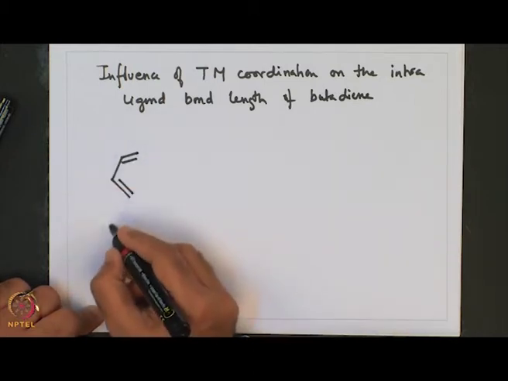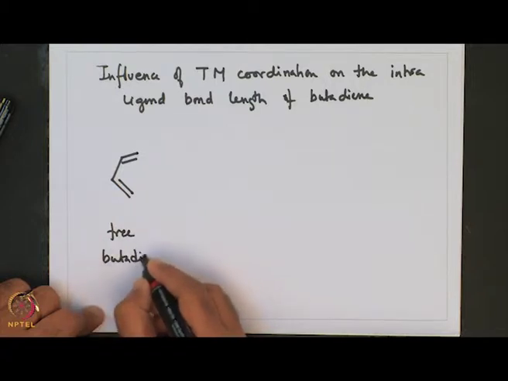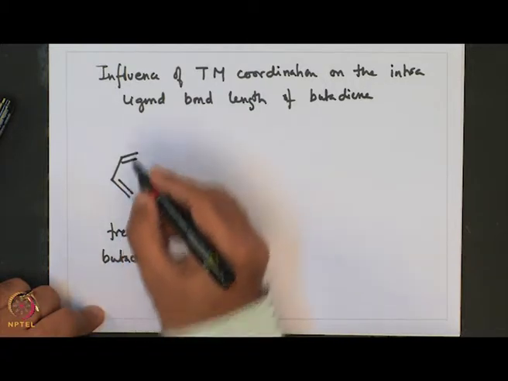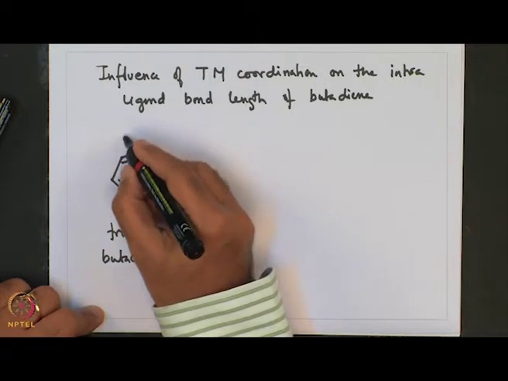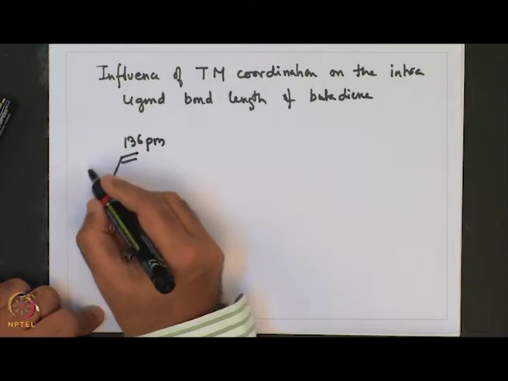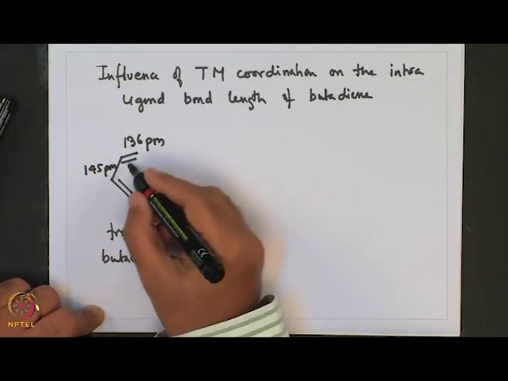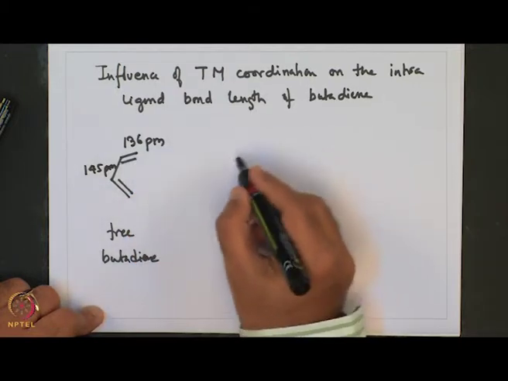This is the free butadiene. The terminal bonds are 136 picometer, the internal is 145 picometer. So, the internal is a longer bond, and the terminal is a shorter bond.